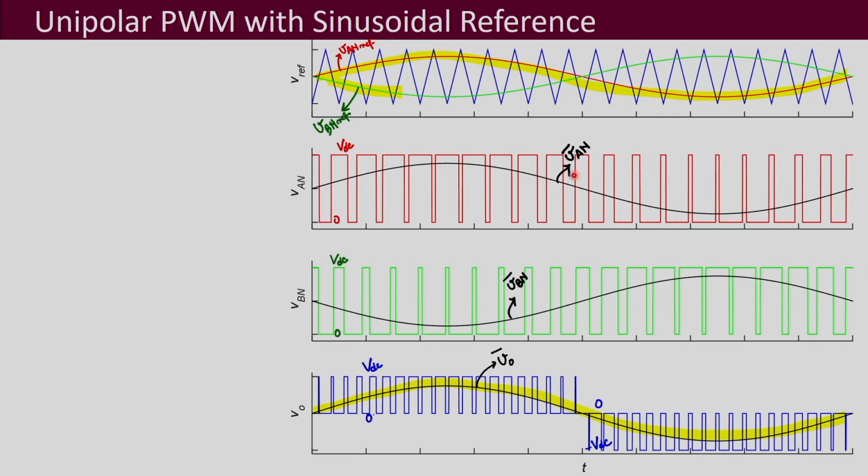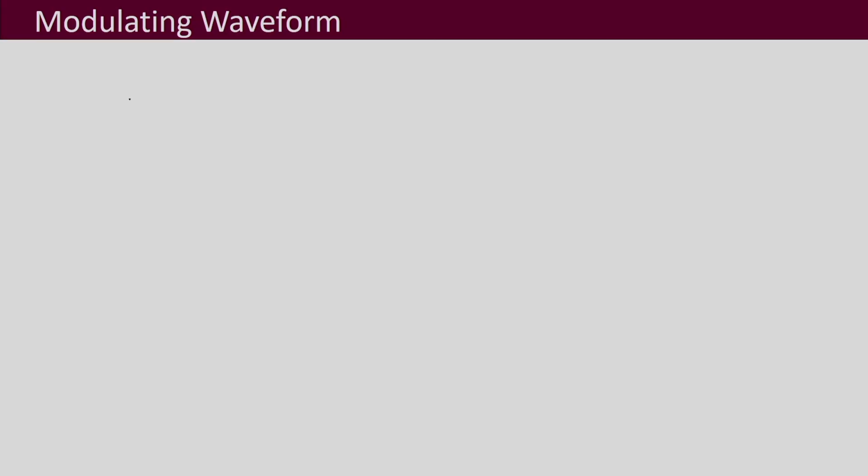And you can see that this VAN bar average resembles the VAN ref, and VBN bar resembles the VBN ref. And the subtraction of these two, VAN bar and VBN bar, is what you will be getting as the VO bar.